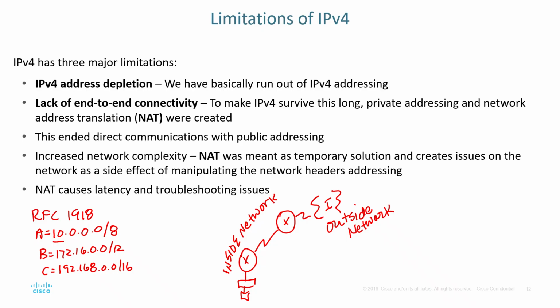So what happens is when it gets to a border router, so your border router is the router that lives in between your private network and the public network. So we can say, as an example, this would be my border router.